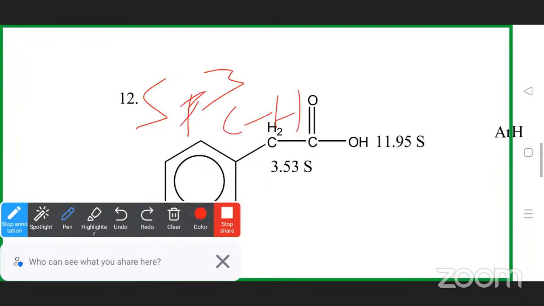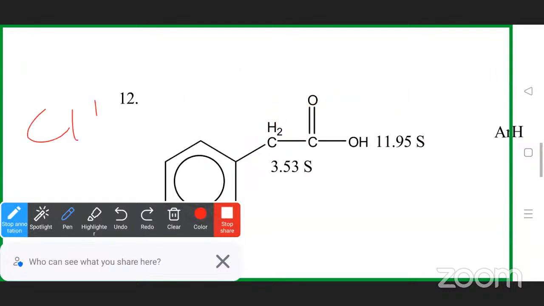Generally, for an sp3 CH proton, the delta value, the chemical shift, is about 0.9 to 1.5.